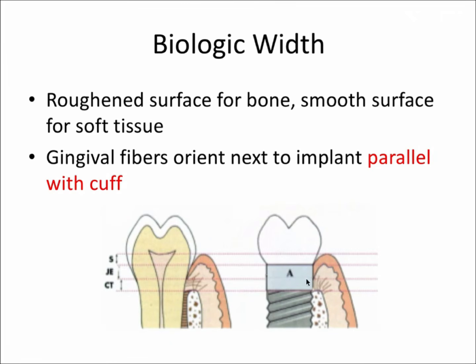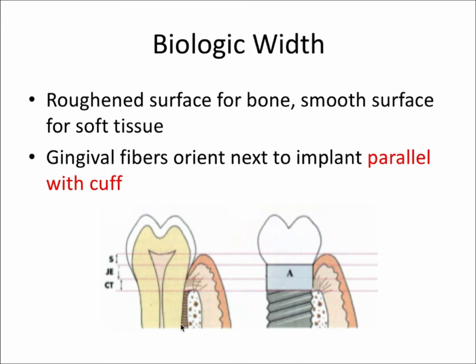And so the gingival fibers orient next to that implant in a parallel direction. So it's parallel with the implant cuff, and that's the area notated with the A here. And so gingival fibers orient next to the implant parallel with the cuff, and this could be asked on the board exam, how the gingival fibers are oriented next to an implant.